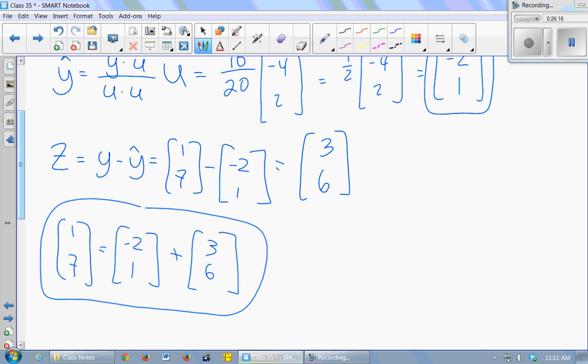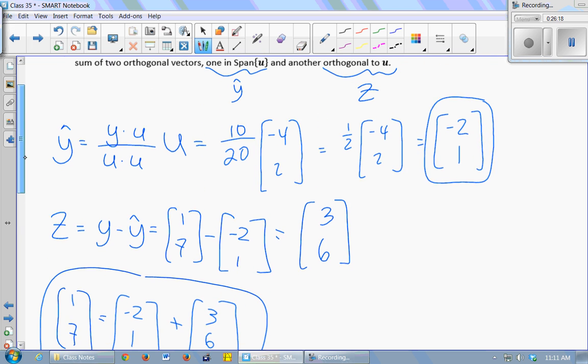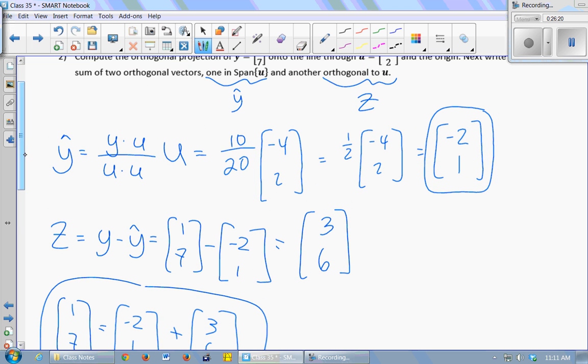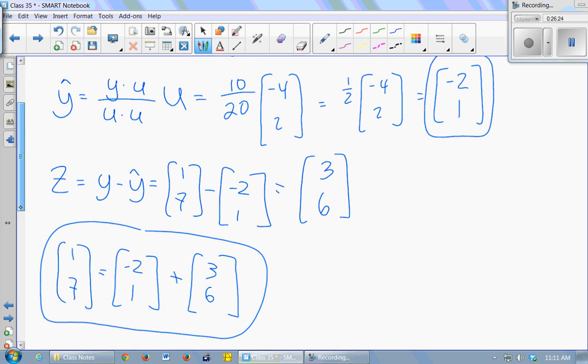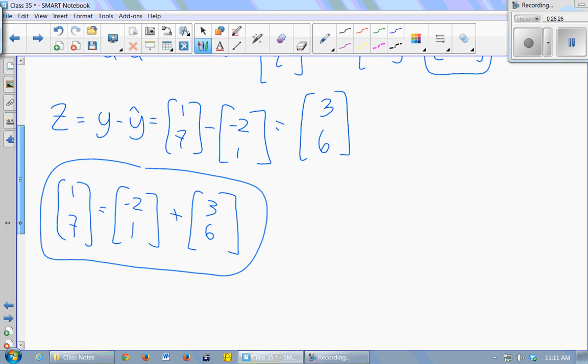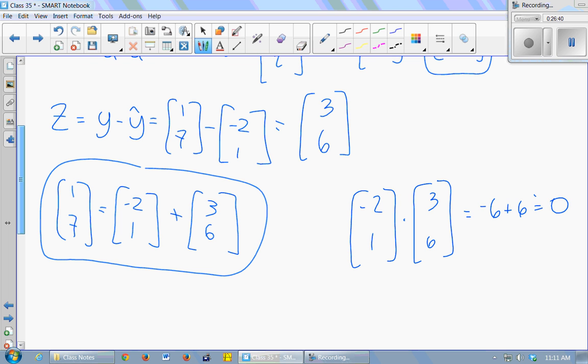So (-2, 1) is in fact in the same direction as u. It's in the span of u, a multiple of u. And (3, 6) is orthogonal to (-2, 1). And I could check that by dotting them together, right? Did I indeed find the vector in the orthogonal direction? Yep, because their dot product is 0.